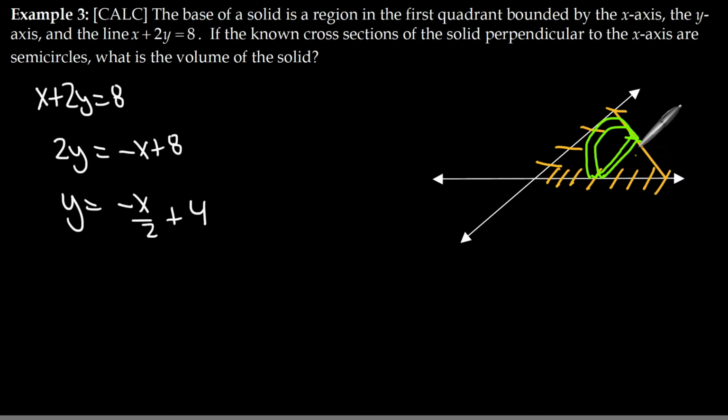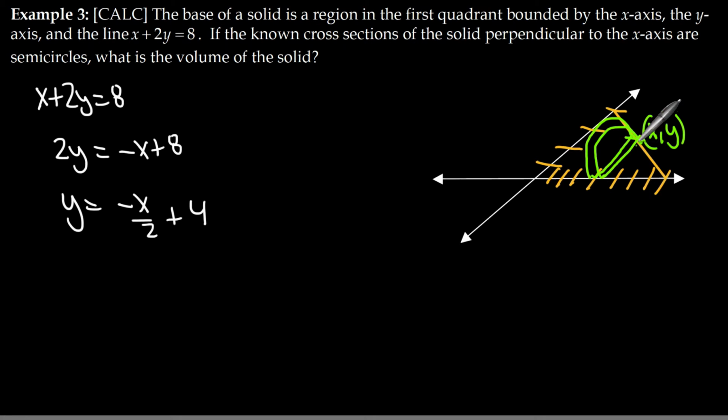All right, and so there is the semicircle. Once again, we're going to put this point on this curve, x, y. So that's over some x and up some y.